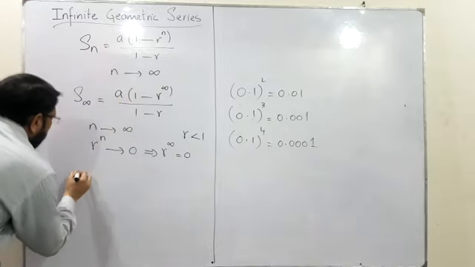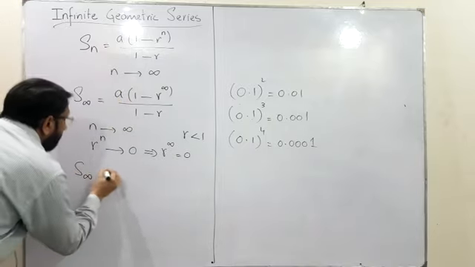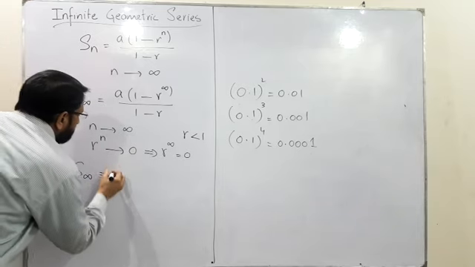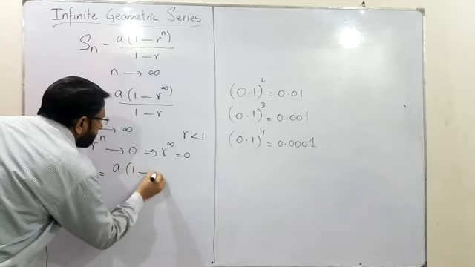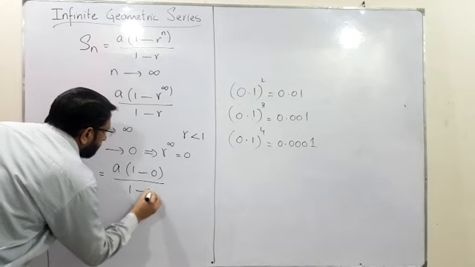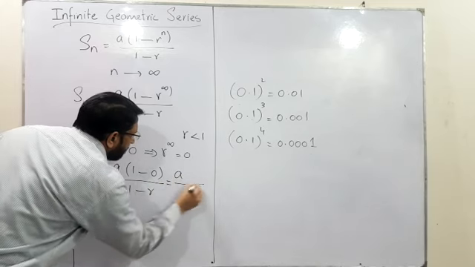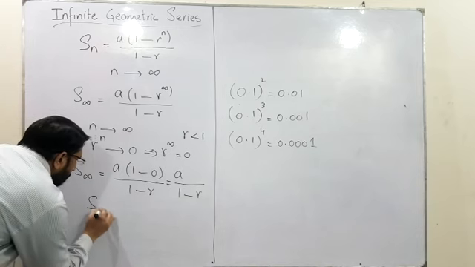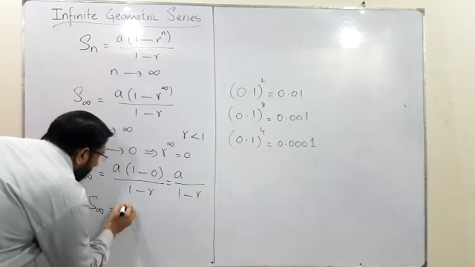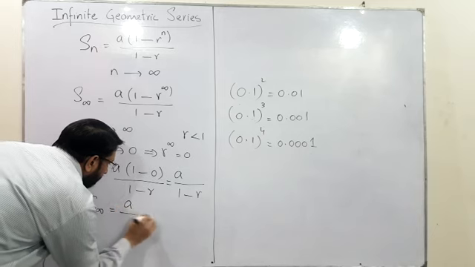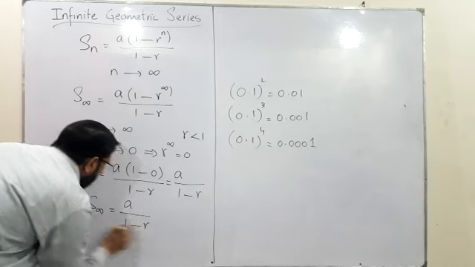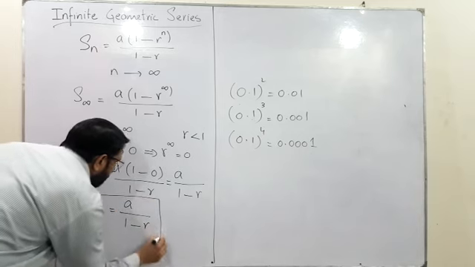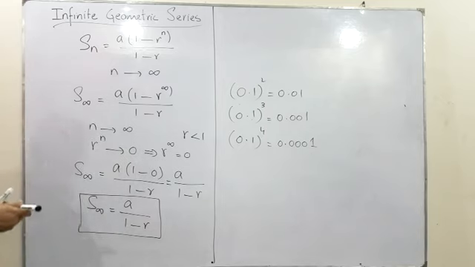By placing it here, we conclude that S infinity equals a into 1 minus 0 over 1 minus r, which gives us the rule to find the sum of an infinite number of terms in a geometric progression: S infinity equals a over 1 minus r.